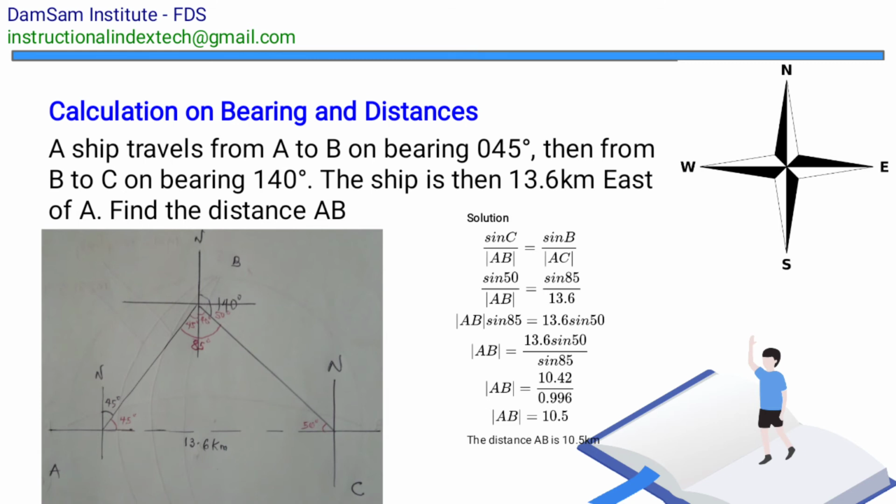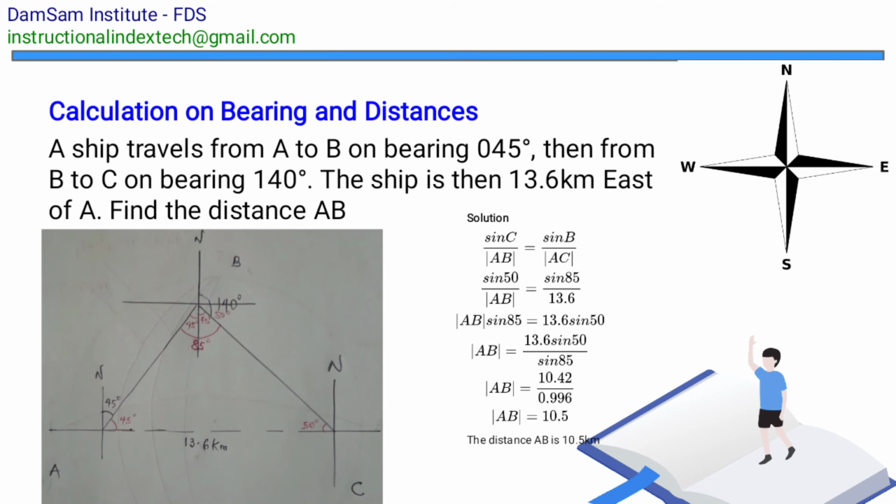What we actually want to find is length AB, and the angle facing that is 50 degrees, as we have seen at point C here. So sine 50 degrees over AB is equal to sine 85 over 13.6. So this is what we have.